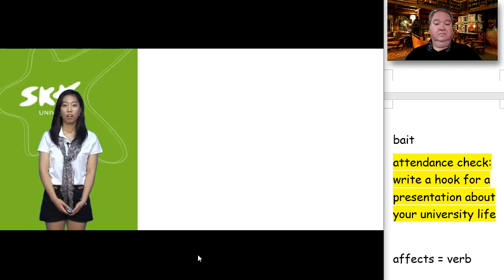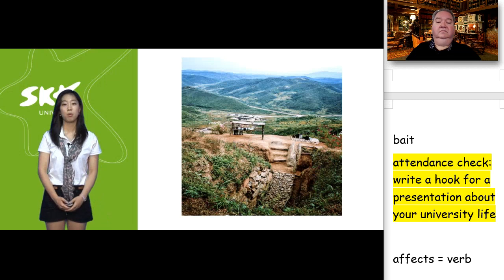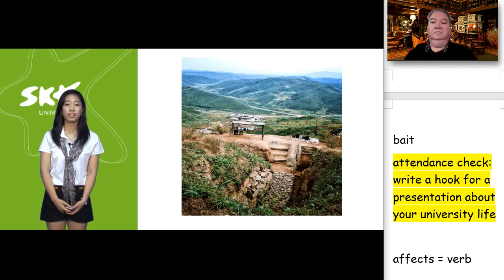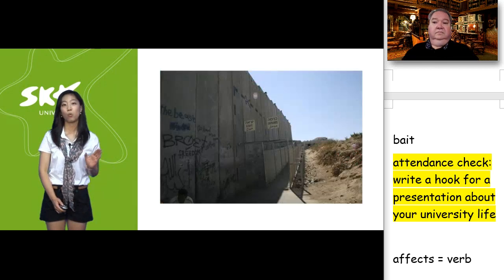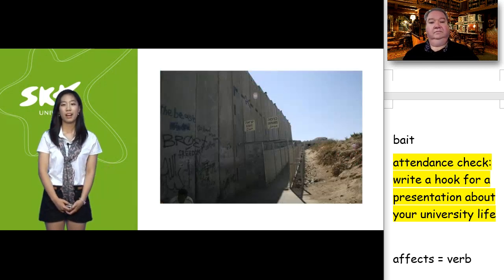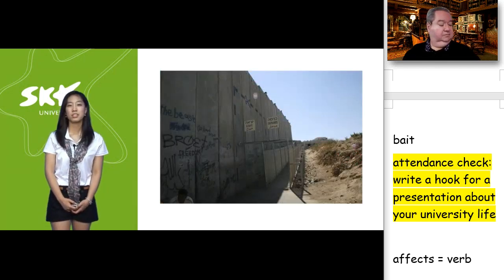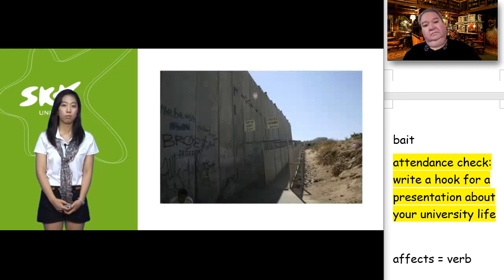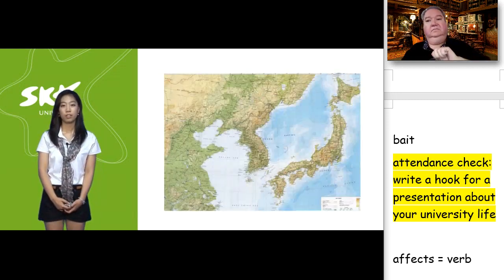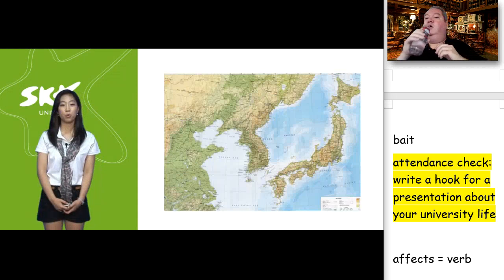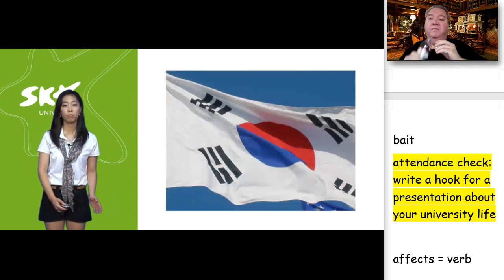Good morning, everyone. My name is Ring Zhang. To get started, I'd like to ask you a question. Which border between two countries is the most heavily militarized border in the world? You might think it is the border between Israel and the West Bank, but it is not. Actually, it is a demilitarized zone between North and South Korea. Today, I'd like to tell you why South Korea is an important focal point in the world.